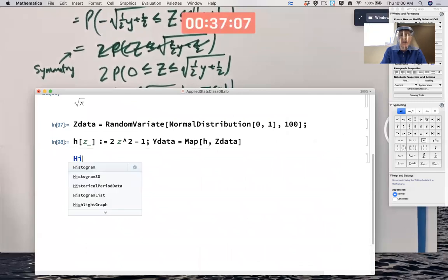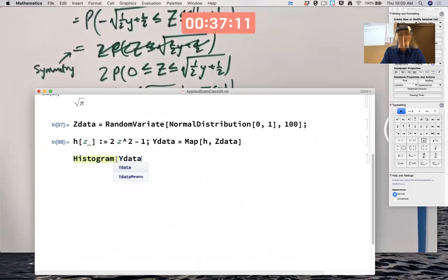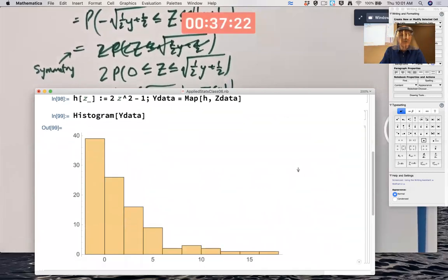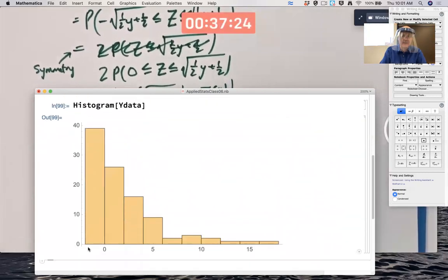We could make a histogram of the y data. Hopefully it looks like some sort of shifted chi-squared. It should be right skewed. It should go down toward -1 though. Well, maybe I don't have enough data to see that. Okay, you can see it goes negative here. And yeah, that's around -1 there.